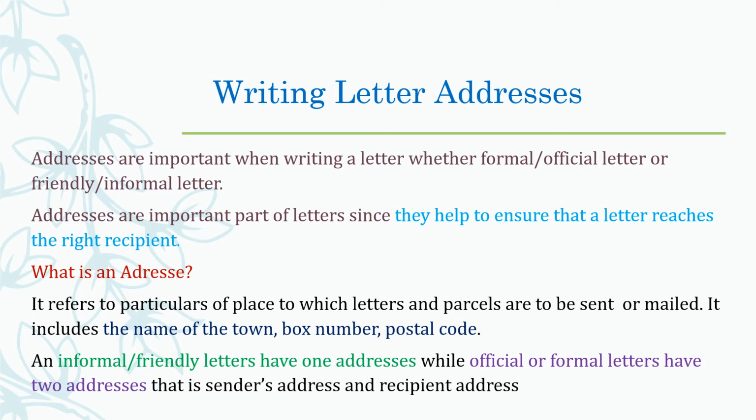The sender's address refers to the address of the person who is writing that particular letter, and the recipient's address refers to the address of the person who is going to receive that particular letter.